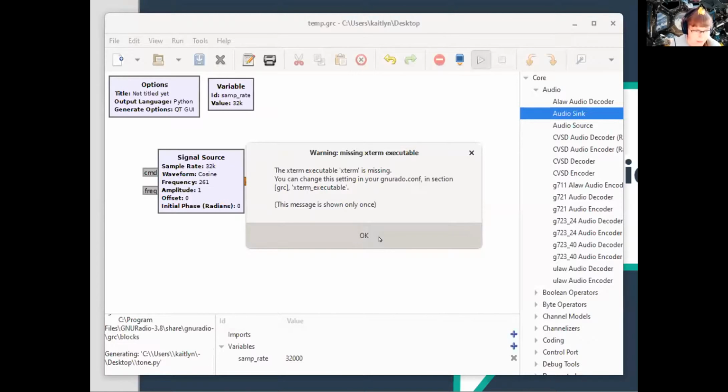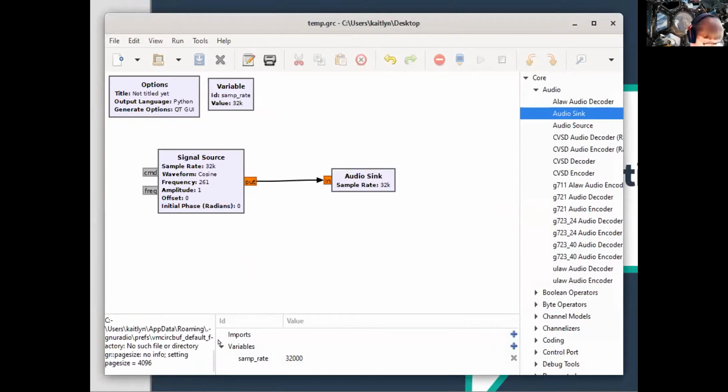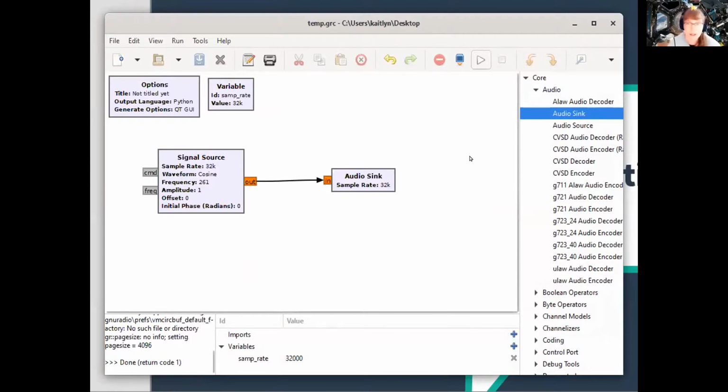Okay. Oh, there we go. Anyway, we get a tone out. And I have no idea how to stop it at this point. Run, kill. There we go. So we managed to successfully create a tone using GNU Radio, using these blocks.